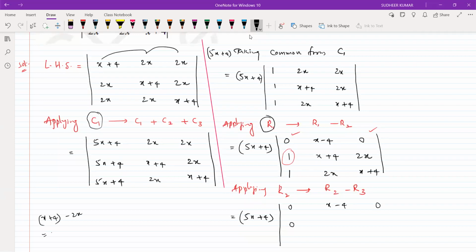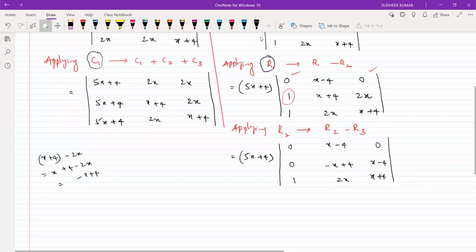So the result is minus x plus 4. Write the same. So this is minus x plus 4, and the next value is 2x minus x plus 4. Already we have done it. So the result is x minus 4. This is 1, this is 2x, this is x plus 4.